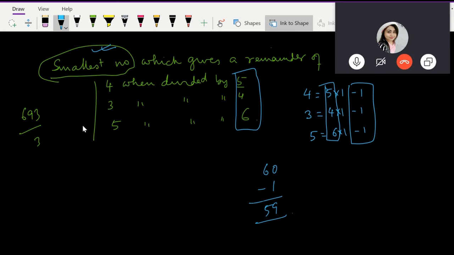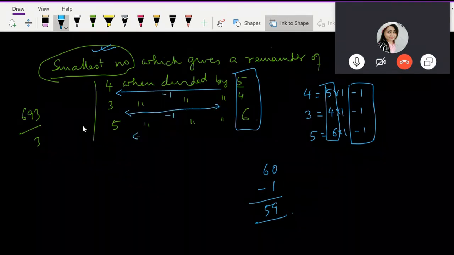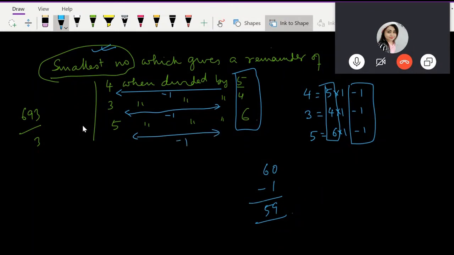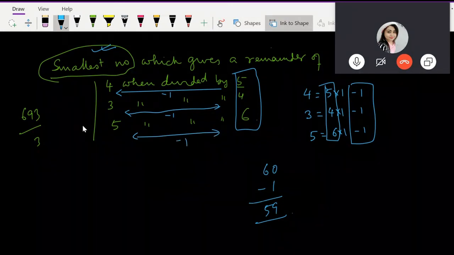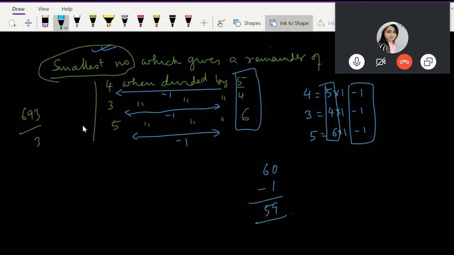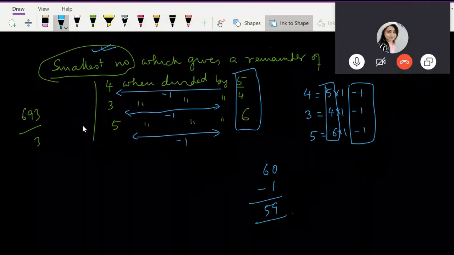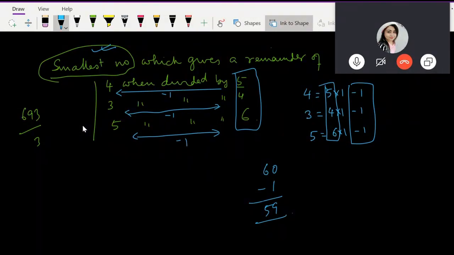And how would you understand? You would have to see the difference of these two. 4 minus 5 is minus 1. 3 minus 4 is minus 1. 5 minus 6 is minus 1. That's it. So now I can clearly see that I have a negative remainder common across all three.